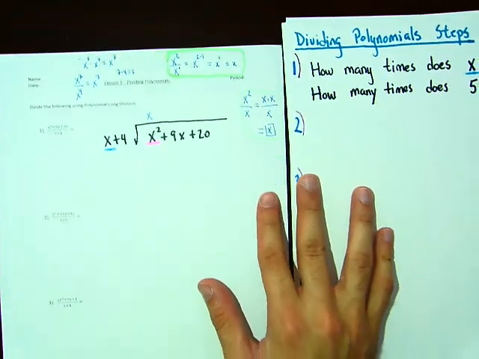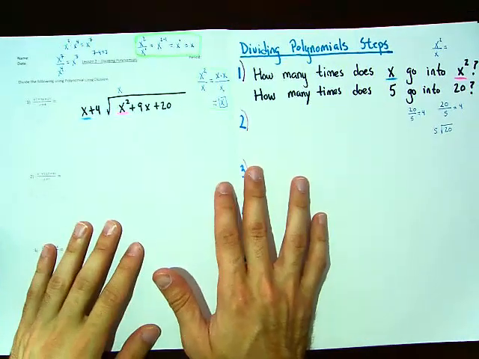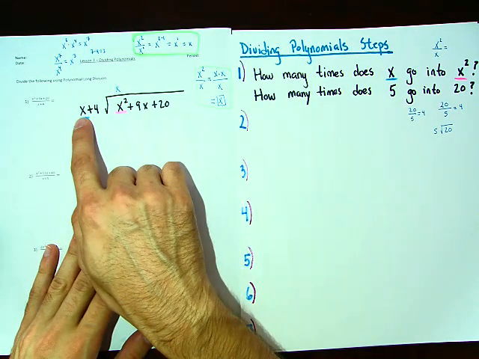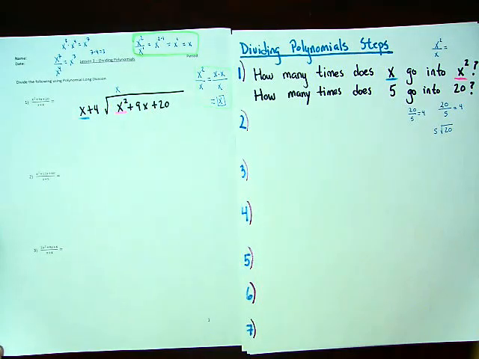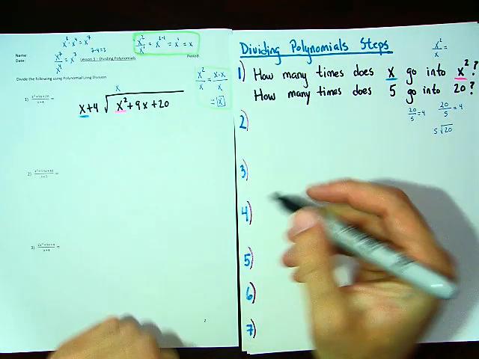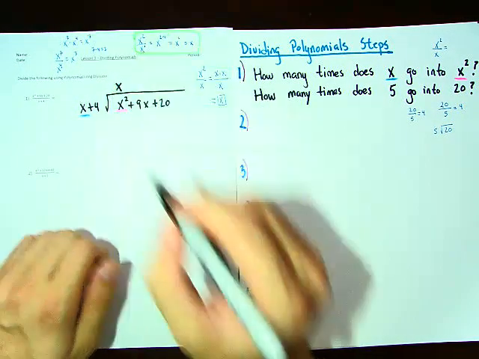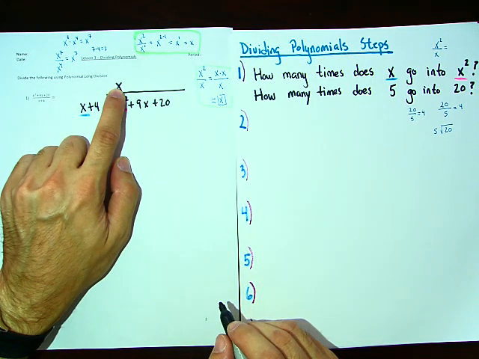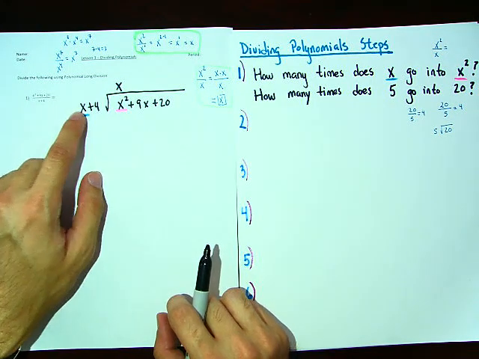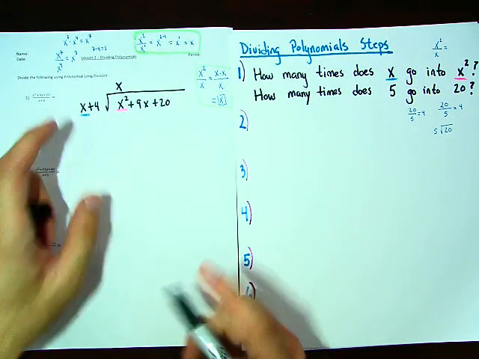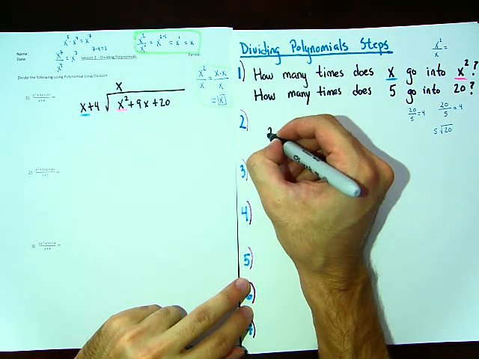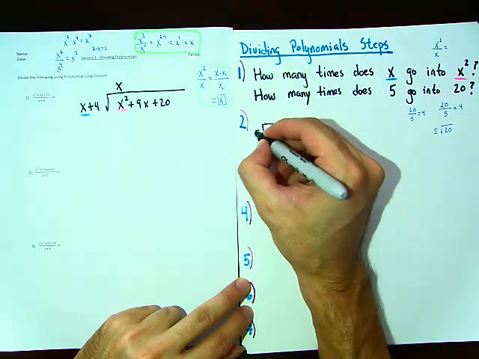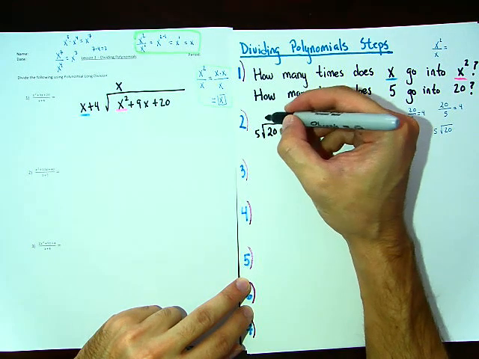So we first asked, how many times does this x go into this x squared, and it goes in x times. Now, the second move you're going to do is take this x over here, and you're going to multiply it to this x. It's the same idea as if I say 20 divided by 5. You say it's 4, right?